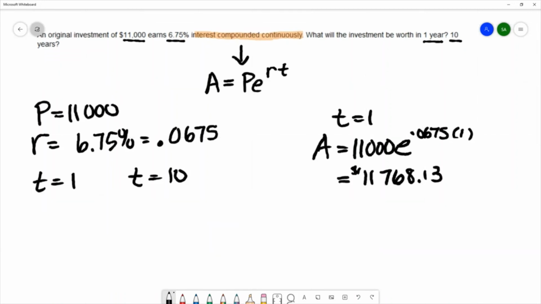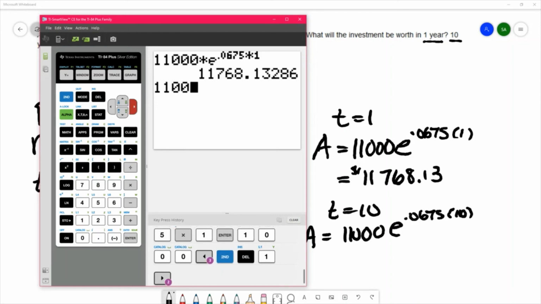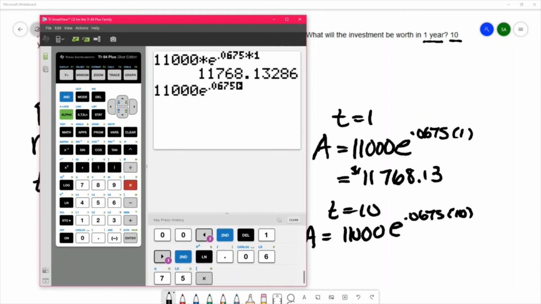Let's do the calculation for 10 years as well. That would be 11,000 as the principal, e to the 0.0675 times 10. Once again, I'll type that in my calculator. We have 11,000 times e to the 0.0675 times 10.